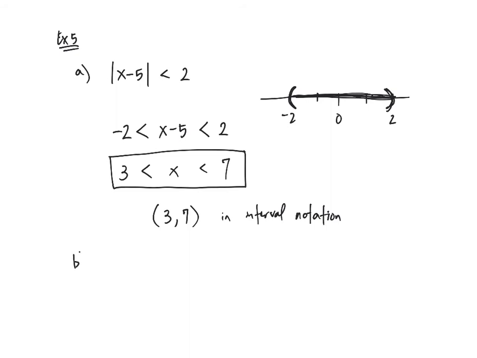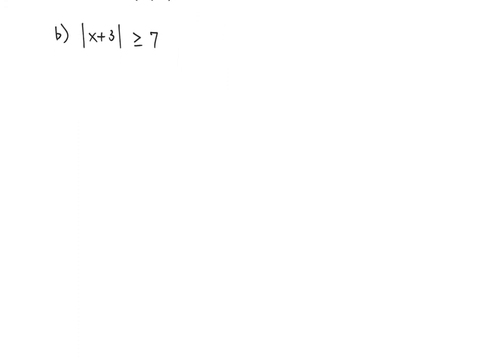In the second example, you have an absolute value where it's greater than or equal to 7. So again, from a conceptual point of view, if this is 0, this is 7, and this is negative 7.